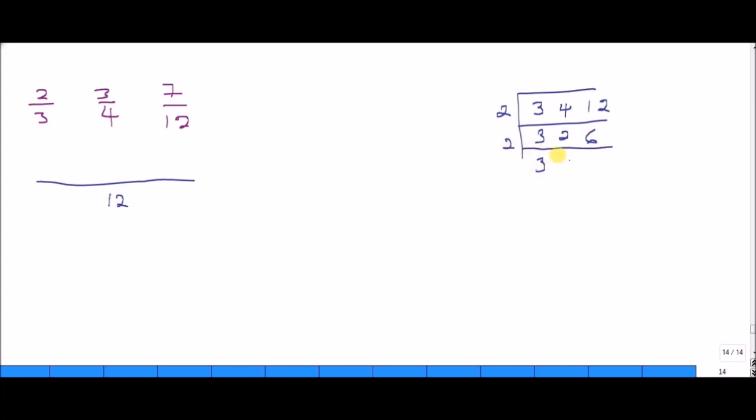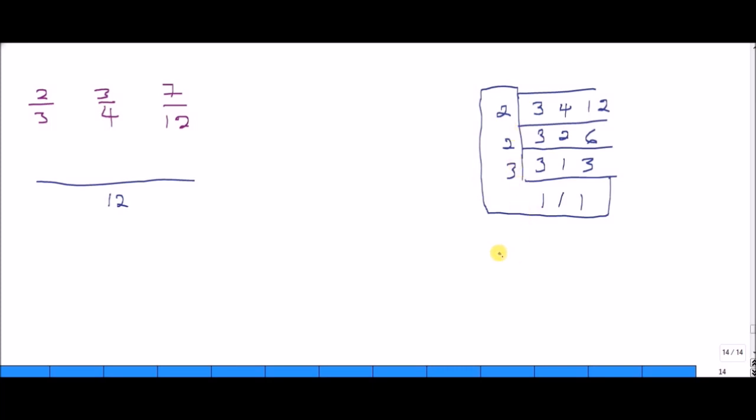Same scenario with the 3. 2 into 2 1 time, 2 into 6 was 3 times. Now I move to 3. 3 can go into 3 1 time. 3 couldn't go into 1 without leaving a remainder. And 3 into 3, 1.